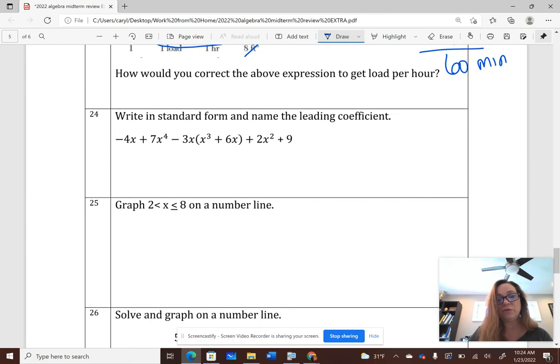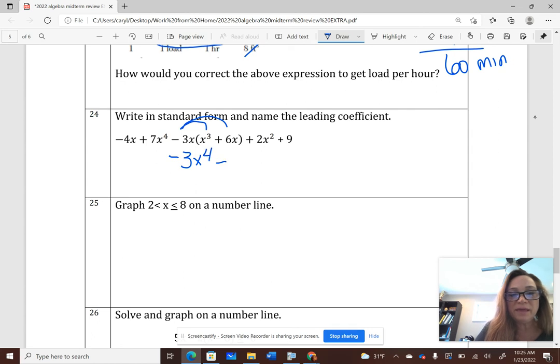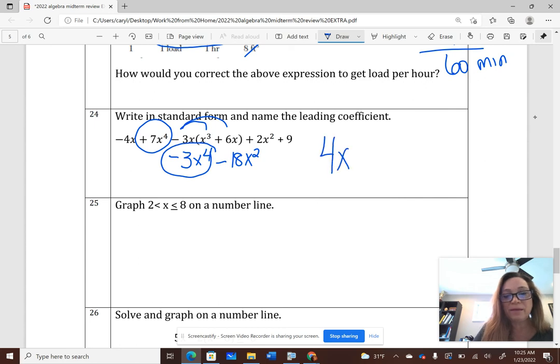Write in standard form and name the leading coefficient. All right, so I have to simplify first, which is the distributive property. So that is going to give me minus 3x to the fourth and minus 18x squared. Okay, so the 7x to the fourth here and the negative 3x to the fourth here add together or combine to make 4x to the fourth.